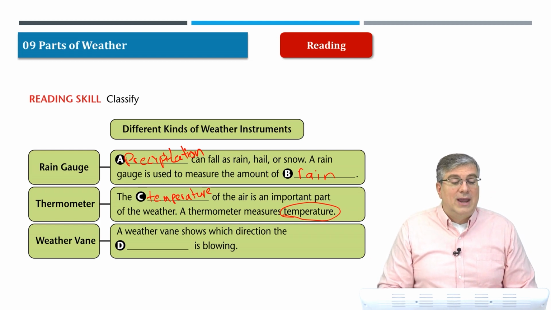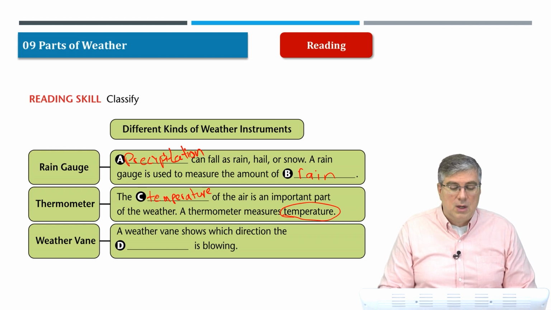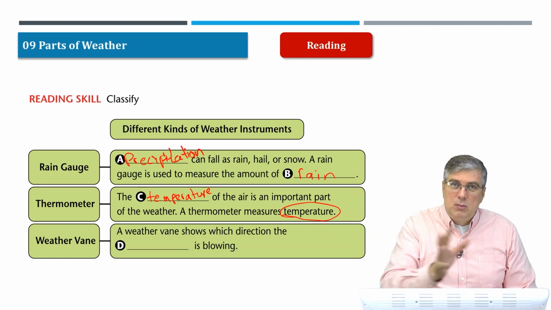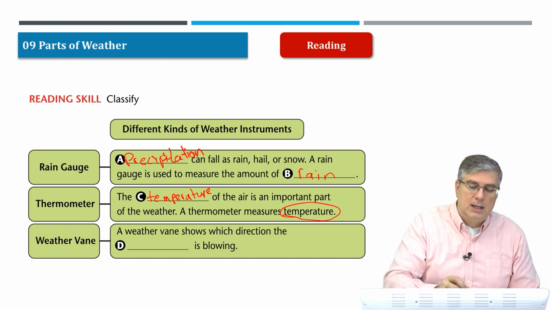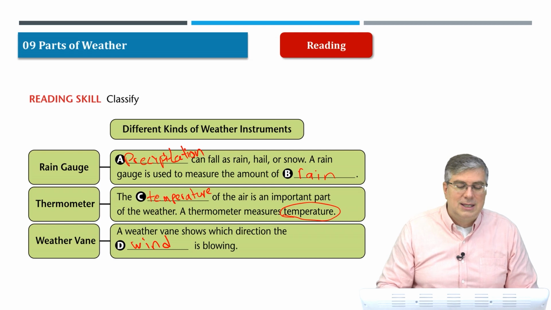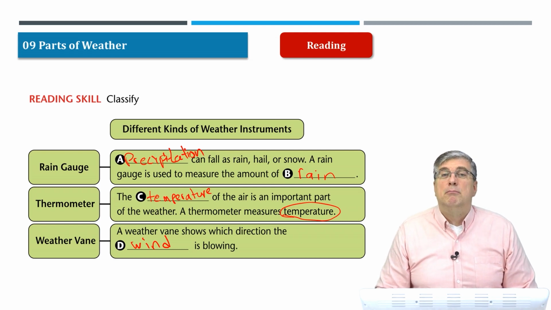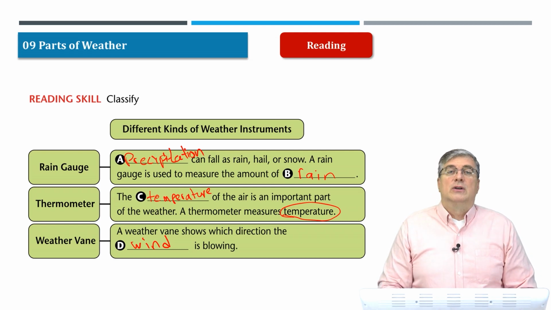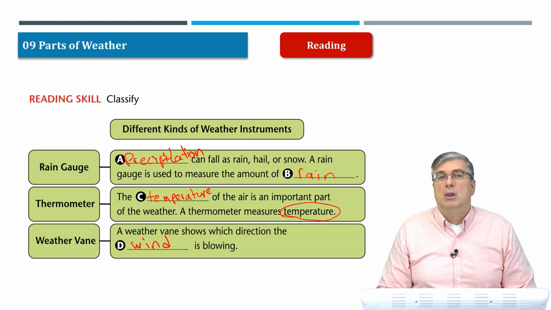Okay. Weather vane is our third instrument, weather instrument. What does a weather vane do? Well, a weather vane shows the direction the what is blowing, right? When air moves, we call that wind. So, it shows us which direction the wind is blowing. And the wind blows, okay? So you can say, which way is the wind blowing?